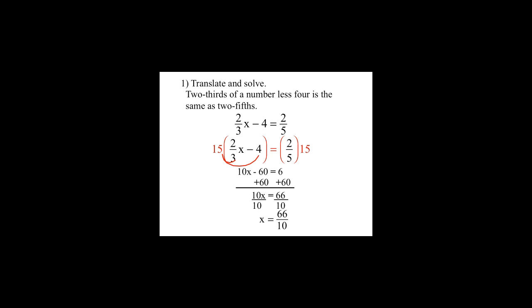X is equal to 66 over 10. I have to remember I said you can leave it improper, but you must give me a reduced improper. And if you change it to a mixed, here are your answers. You do not need to give both answers. All right.